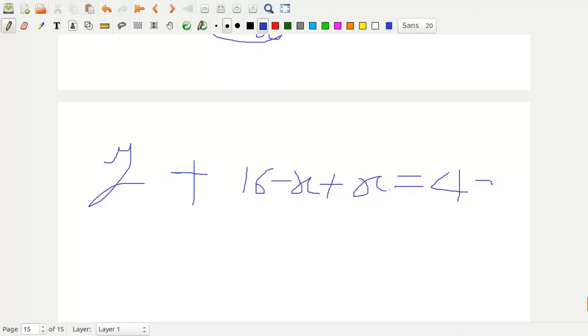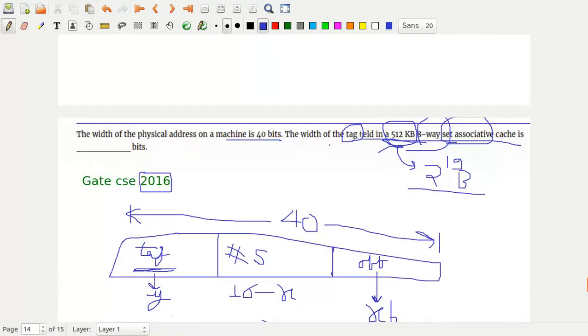So this x and x got cancelled. So y is nothing but 40 minus 16, which is 24. So we need 24 bits to represent tag field. So answer is 24.